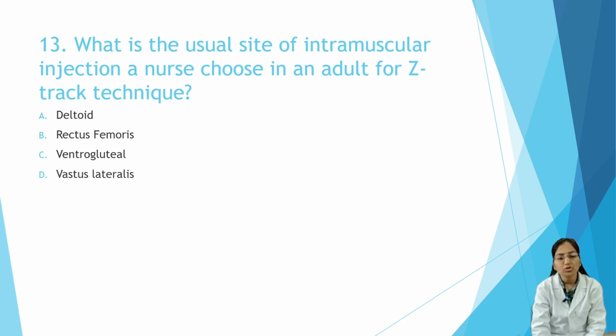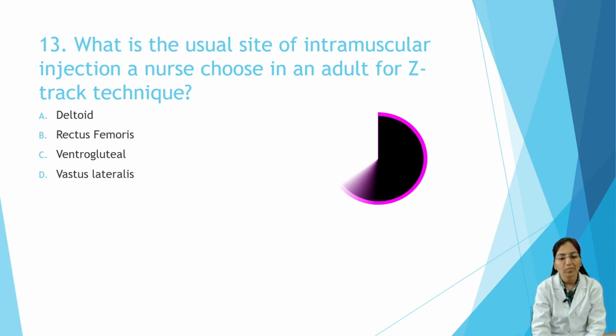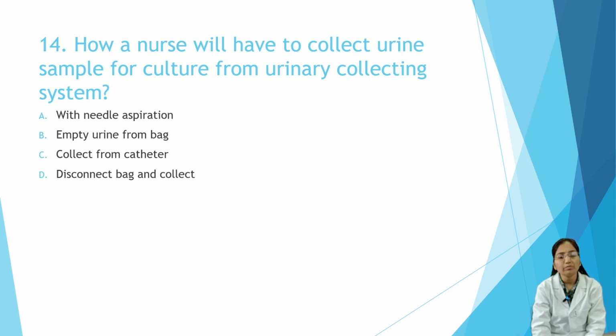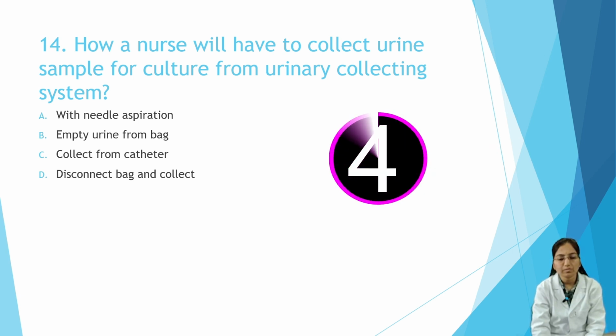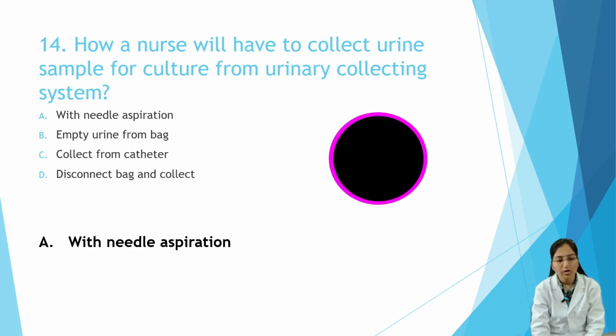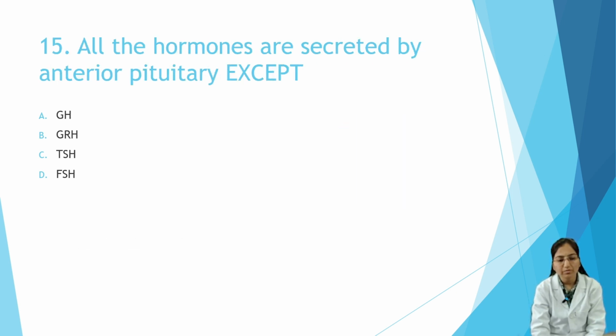What is the usual site of intramuscular injection a nurse chooses in an adult for the Z-track technique? Ventrogluteal. Next question. How will a nurse collect a urine sample for culture from the urinary collecting system? Options are here. With needle aspiration.